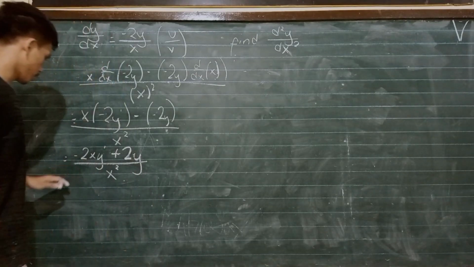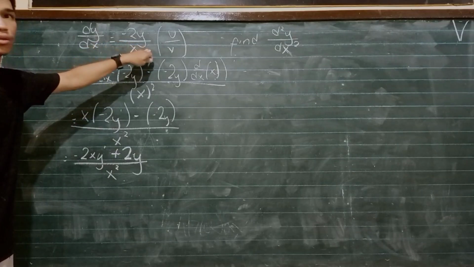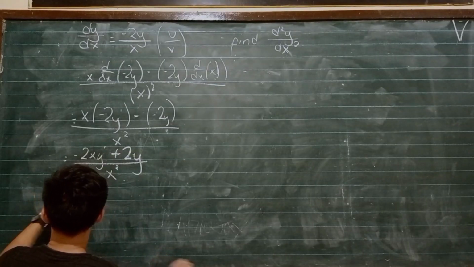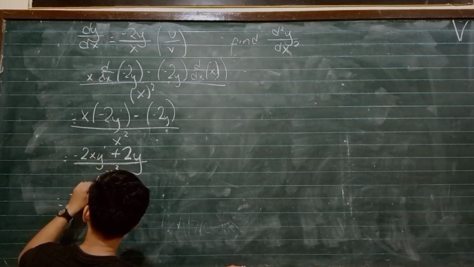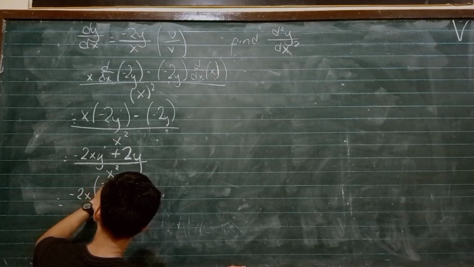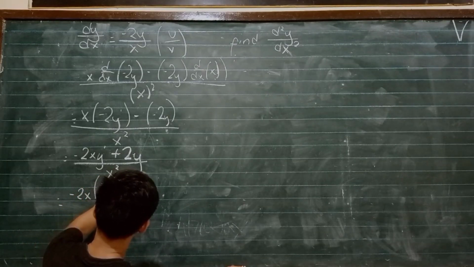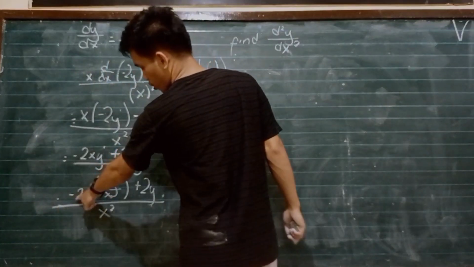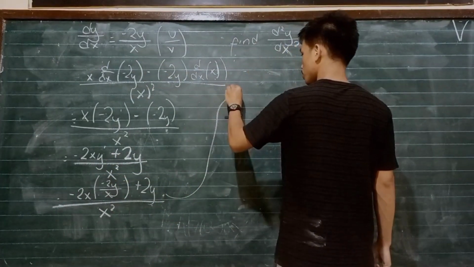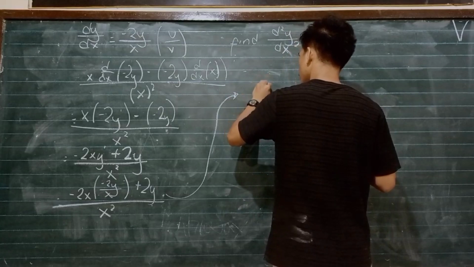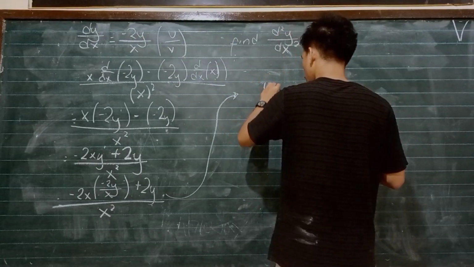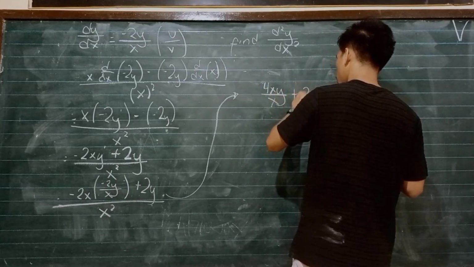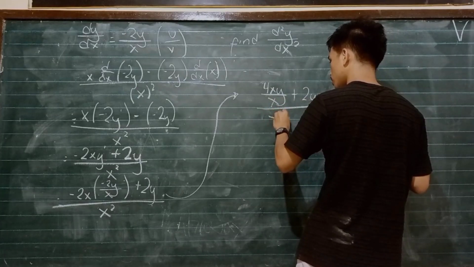So as you can see, there's y prime here, which is our original equation, so we need to substitute it, resulting to negative 2x times negative 2y over x plus 2y over x squared. Then we will distribute this to here, resulting to positive 4xy over x plus 2y over x squared.